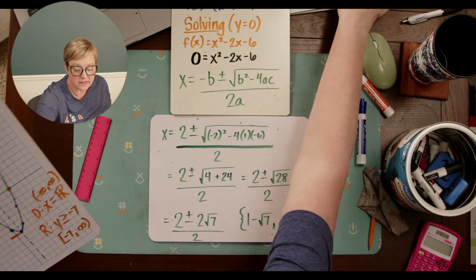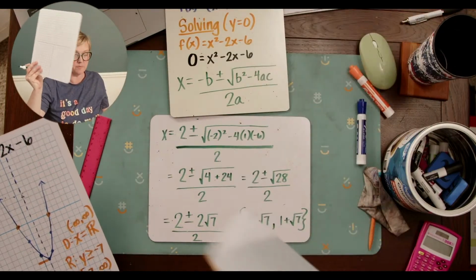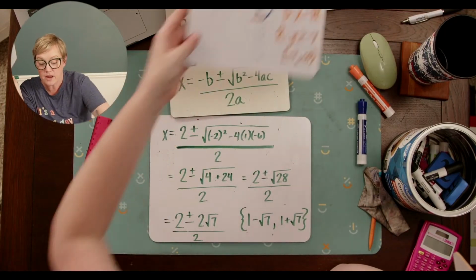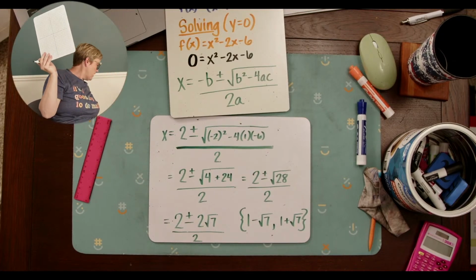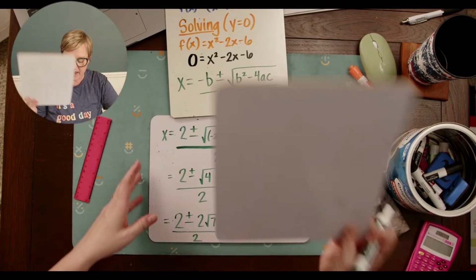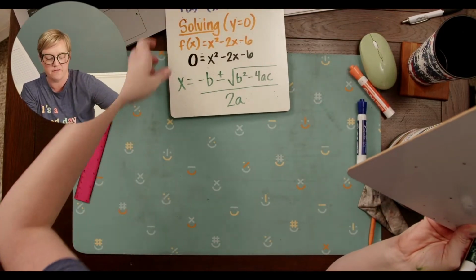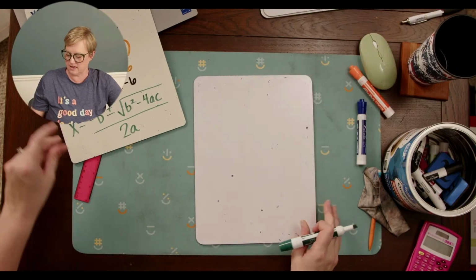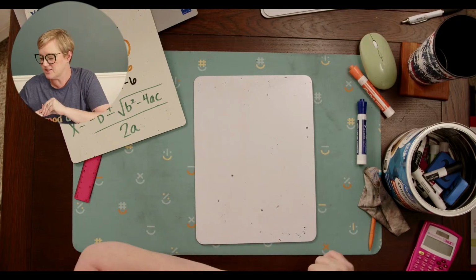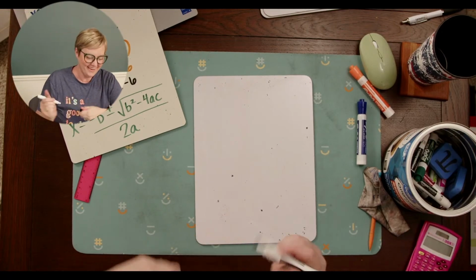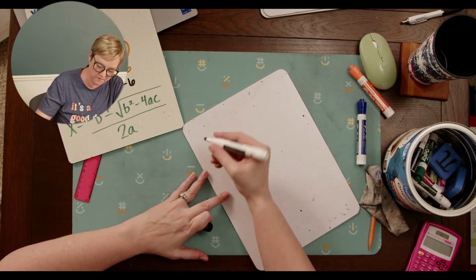So I mentioned that there's another way to solve this, which is completing the square, which I really enjoy, but I'm not going to do completing the square on every single problem because it's a nightmare. So let's go back to our original function.